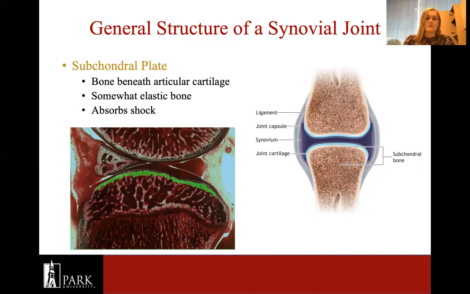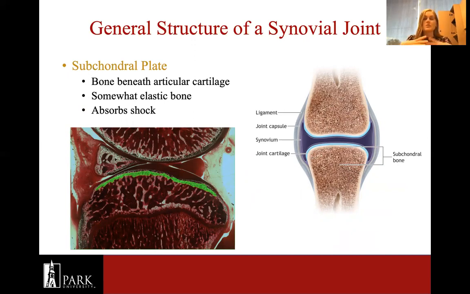Starting off, this subchondral plate, which is at the most proximal end of the bone, at the epiphysis, is going to be right beneath that articular cartilage. The light blue that you see in this animation is your articular cartilage. Right below that, in that bracket, is something called your subchondral plate.